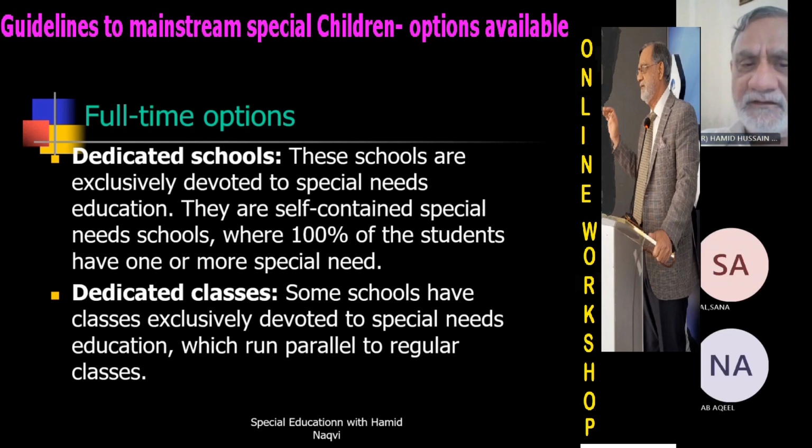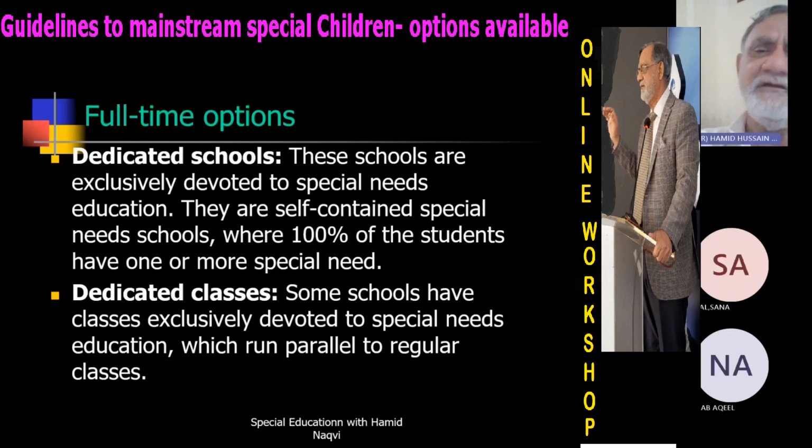Here, some schools have classes exclusively devoted to special needs education, which run parallel to the regular classes. Now, the scenario is that the institution is meant for all types of children, predominantly normal children.